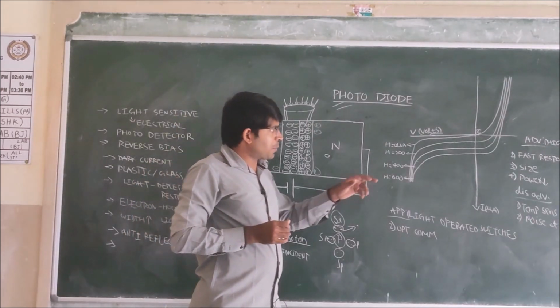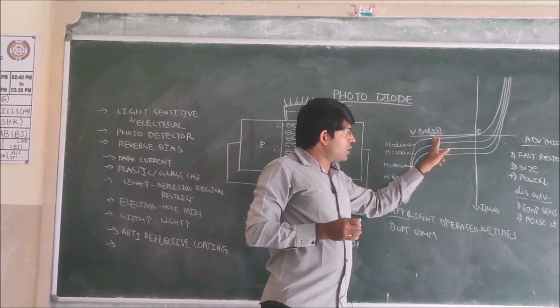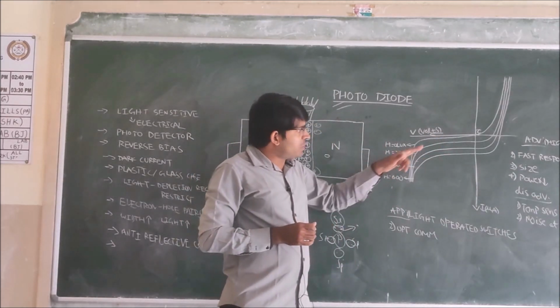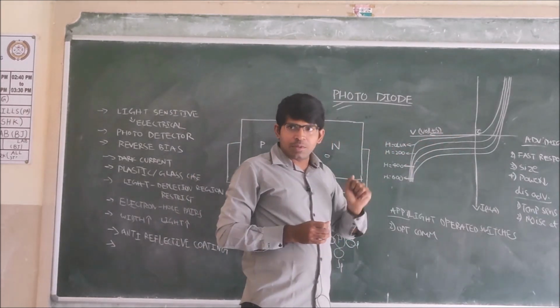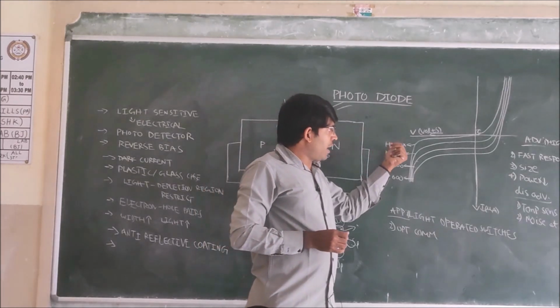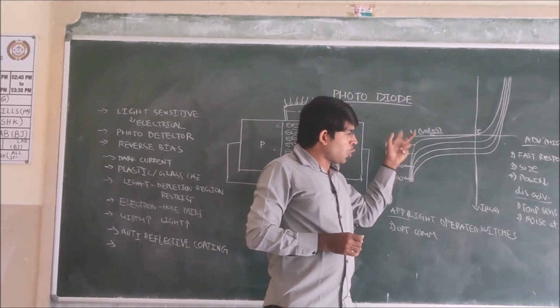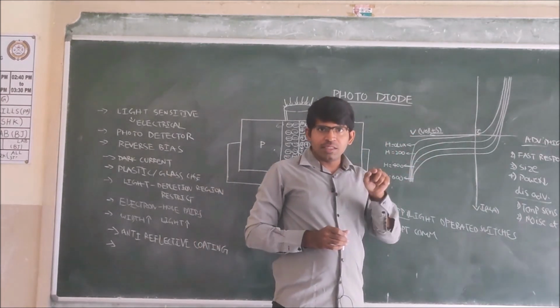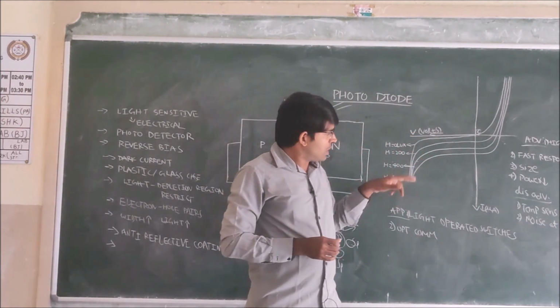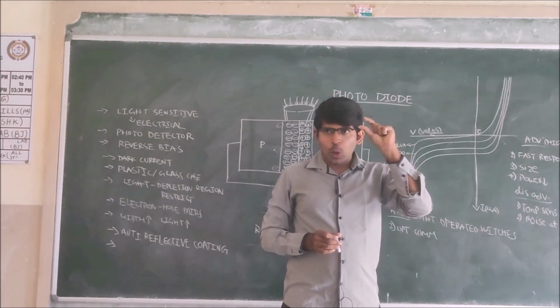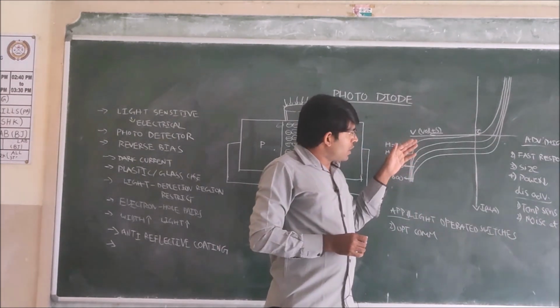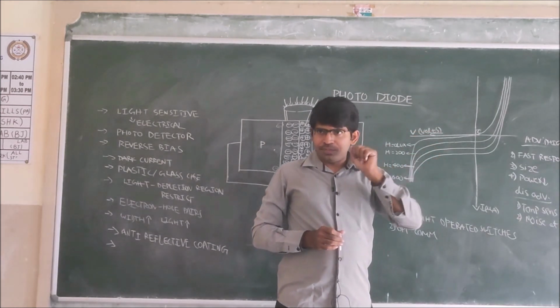You can see here, with the increment of the voltage, when we have not provided any light, the light intensity H is equal to 0 lux. There is a small current.